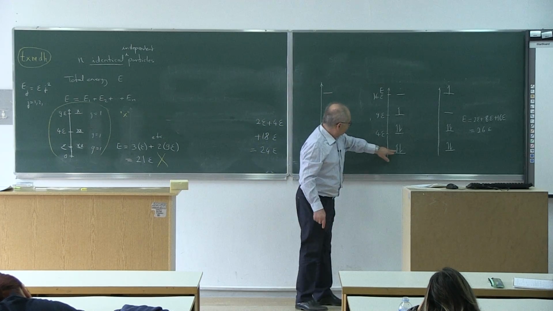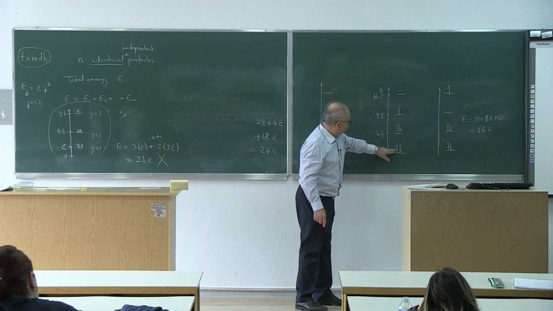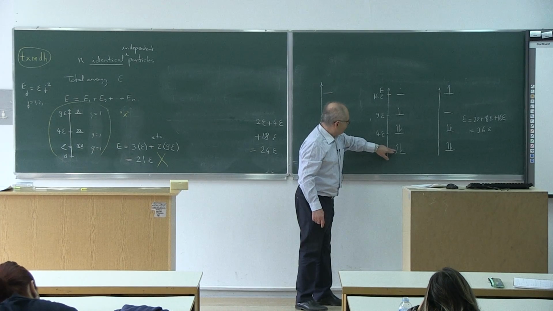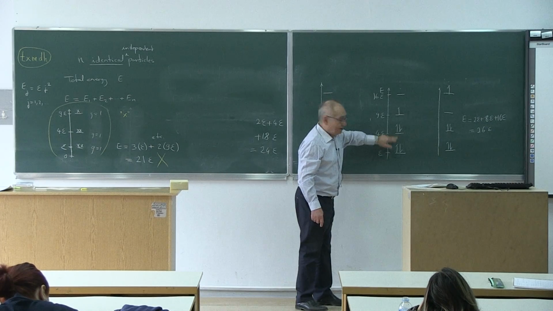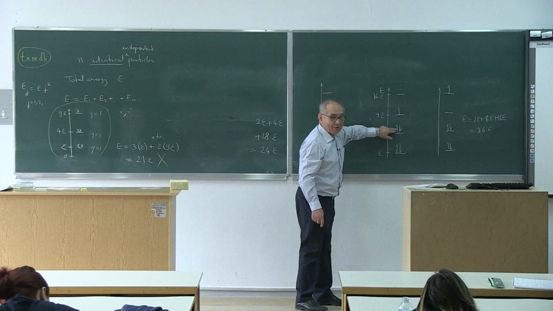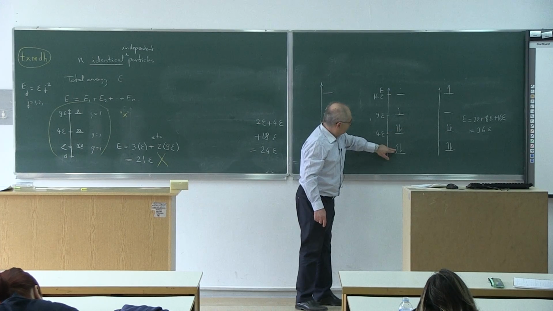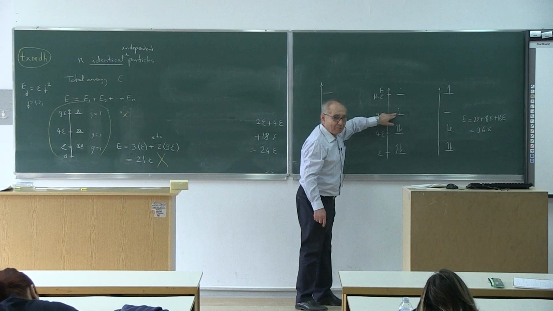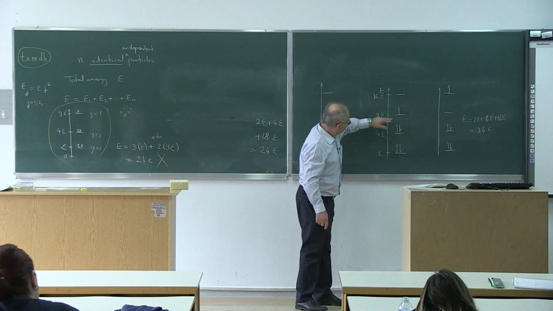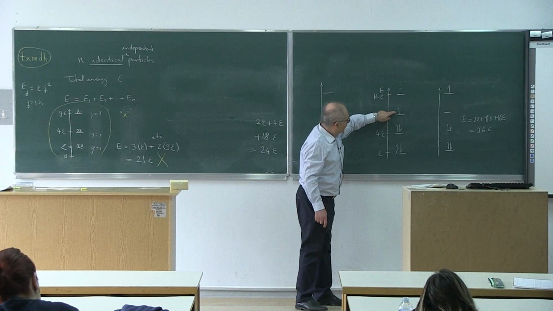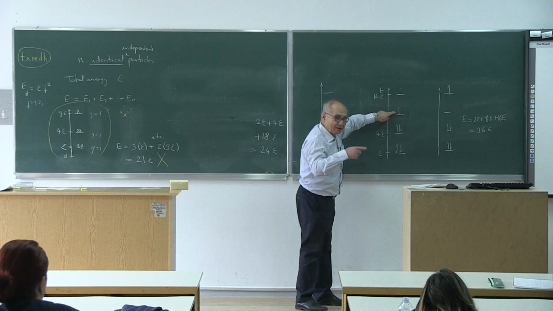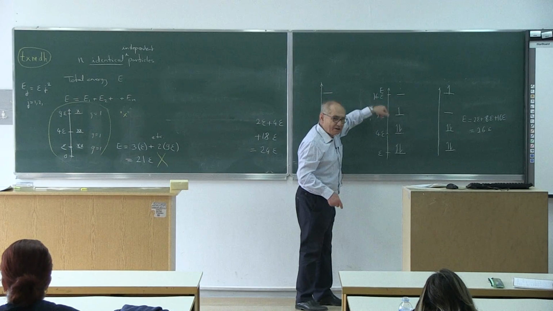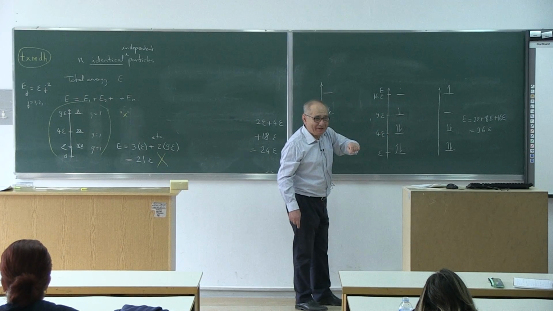Please note that excitation from the lowest one-electron level to this level is not allowed, because then the occupation number would be 3. But we can excite from this level to this level also. Then you should calculate for that case that the total energy would be 27 ε.